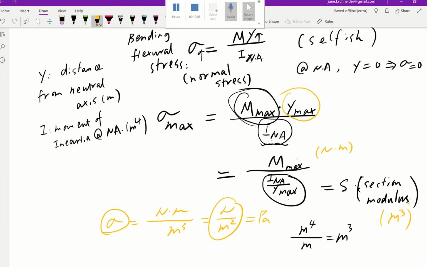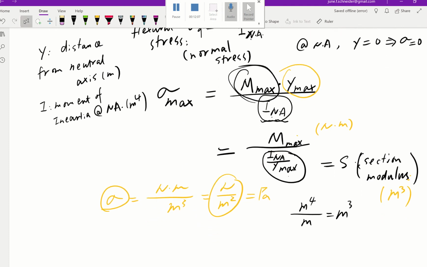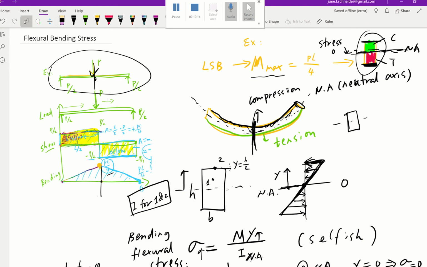Knowing that, in the next video we'll use an example. Here is just a quick recap. Flexural bending stress is based on our load, shear, and bending diagrams.